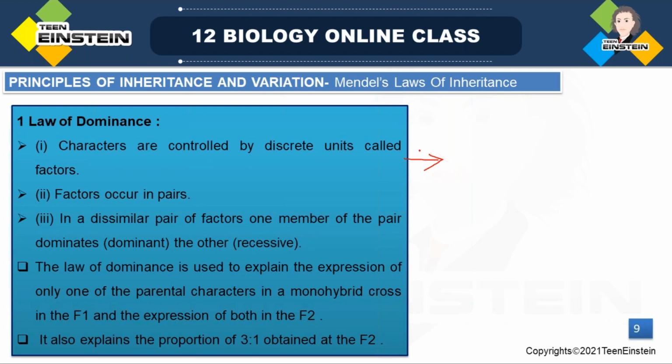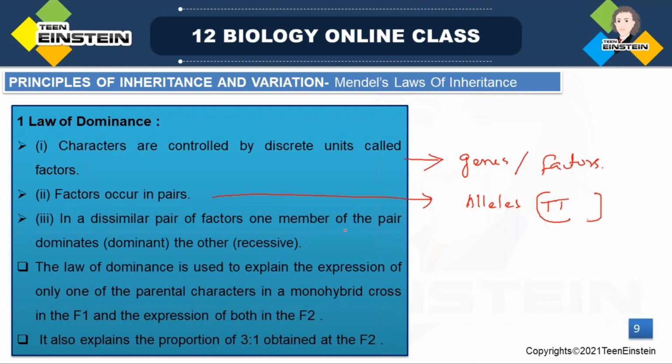Mendel called genes factors at that time, and these factors occur in pairs. We now know the tall character is controlled by genes or factors, and that there are different forms of genes called alleles. So factors occur in pairs. That's why we write two alleles for a character.